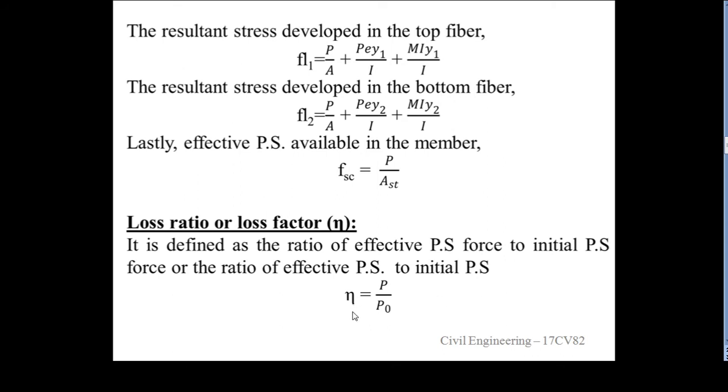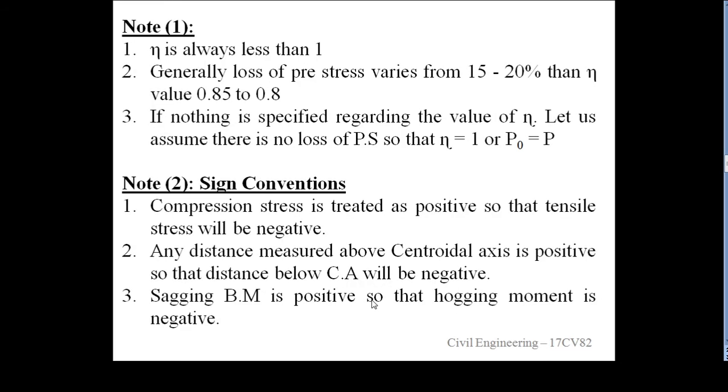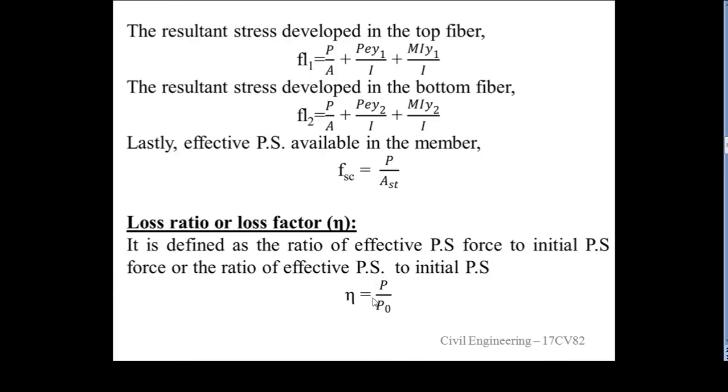That is, nu is equal to P by P naught, where P is the pre-stressing force available after the losses and P naught is the initial pre-stressing force. This is also represented by Fse divided by Fsi, the stress after the losses and the stress in the initial state. That is nu.